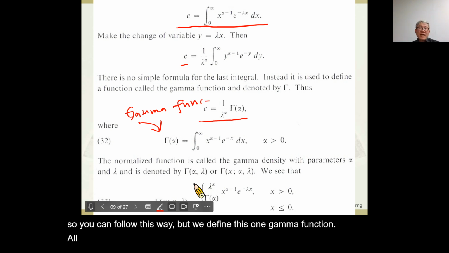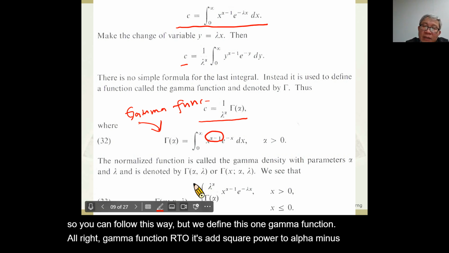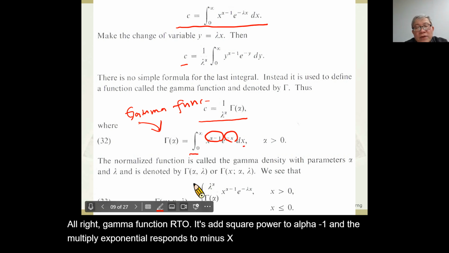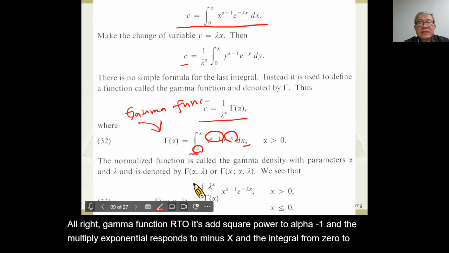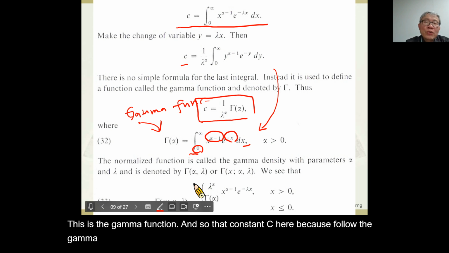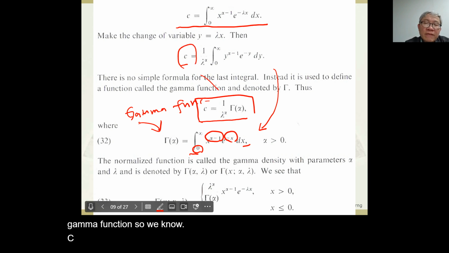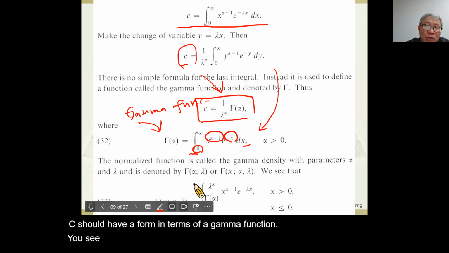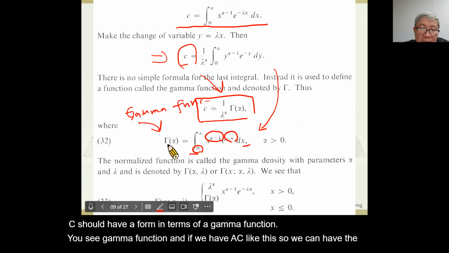The gamma function is the integral from 0 to infinity of x raised to the power alpha minus 1, multiplied by exponential raised to the power minus x. This is the gamma function. So the constant C here, following the gamma function, has a form in terms of the gamma function. If we have a C like this, we can have the gamma density in the form here.